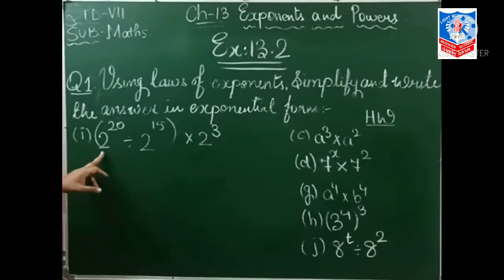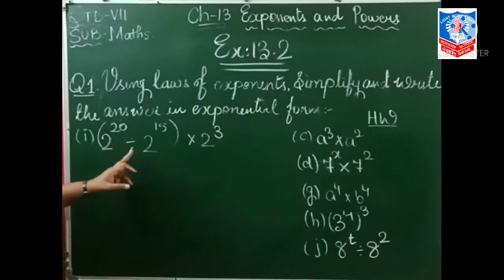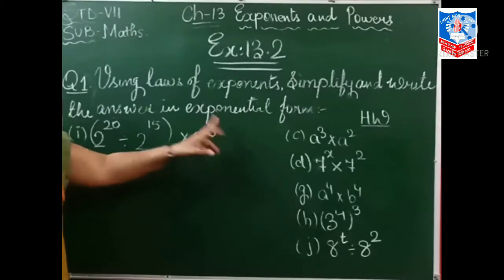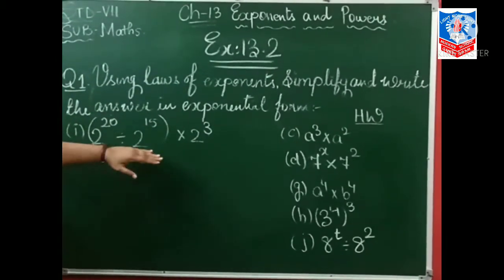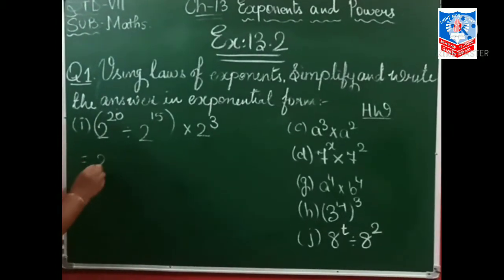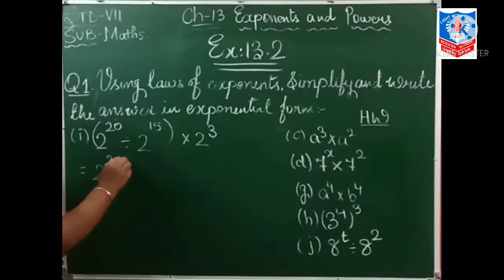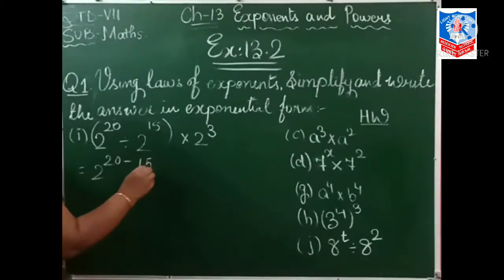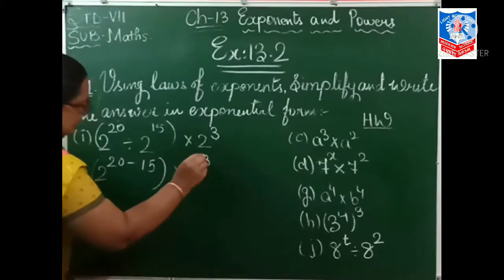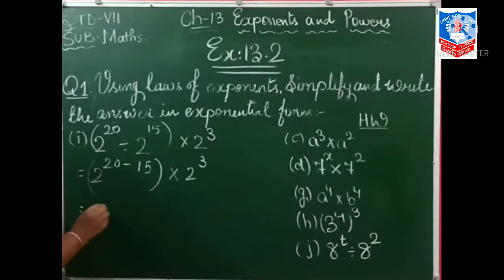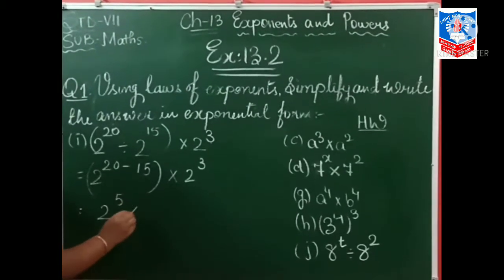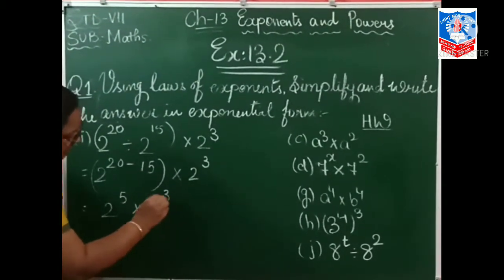Next is 2 raised to the power 20 divided by 2 raised to the power 15 into 2 raised to the power 3. Now first we will solve this divide. So what we will do? We will subtract. 2 raised to the power 20 minus 15 into 2 raised to the power 3 is equal to 2 raised to the power 5 into 2 raised to the power 3.